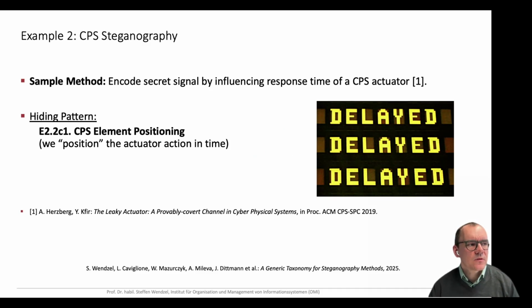So we could cause a delay. Let's say I want to send a command to open a door or a window, and I could delay the response. That would be CPS element positioning, because again, we position something in time.